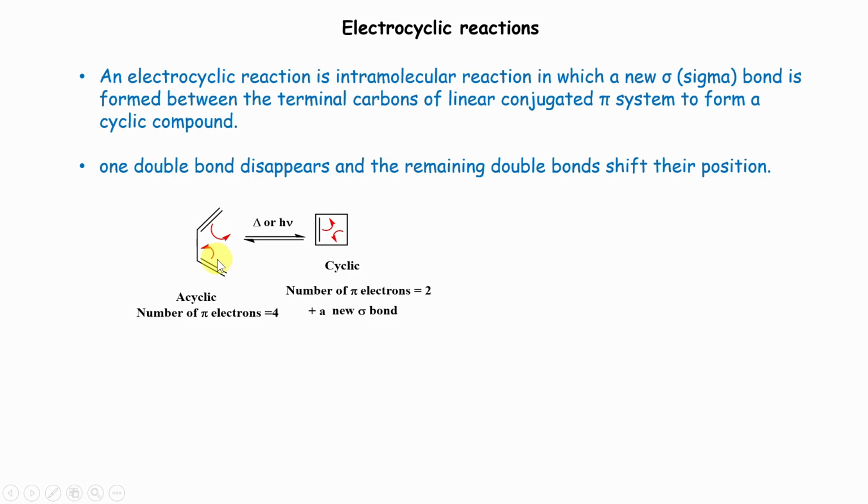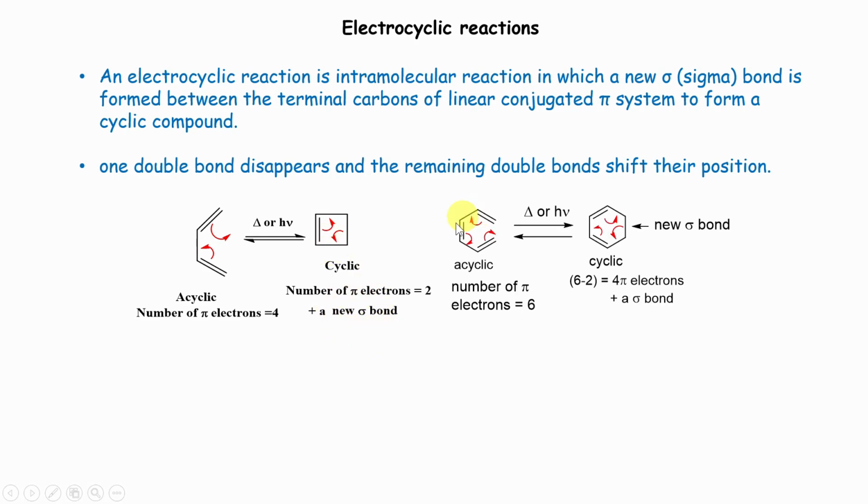From the acyclic linear system, 2 pi electrons are transformed into 2 sigma electrons in the product. So the number of pi electrons in the acyclic system is 4, but in the cyclic system it is 2, with a new sigma bond.